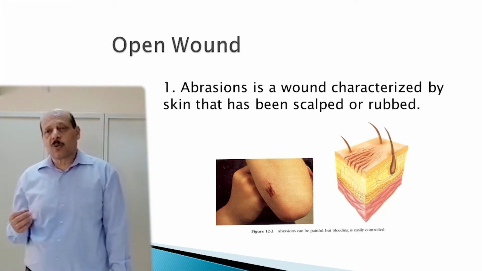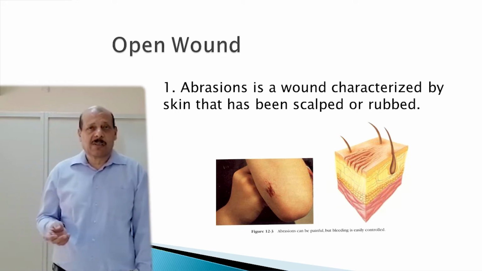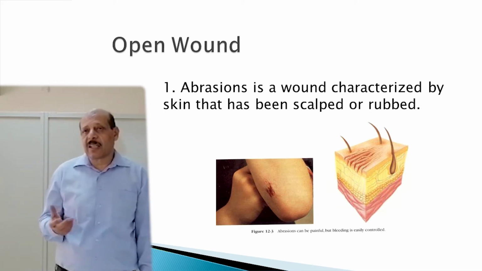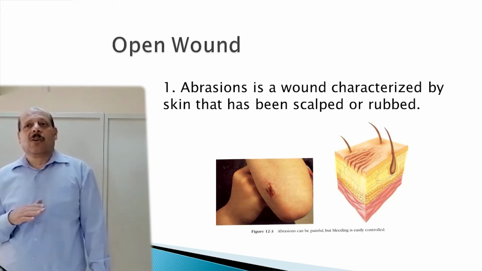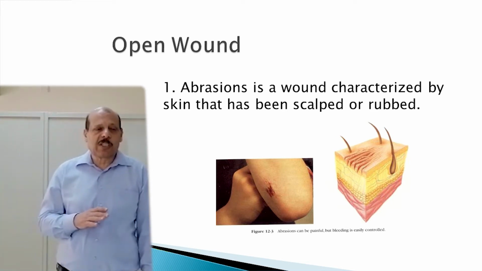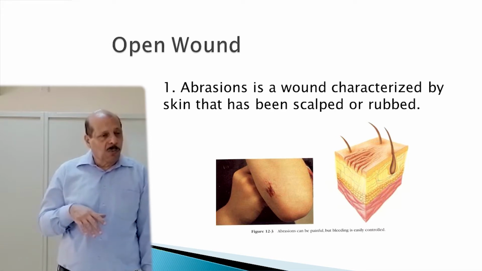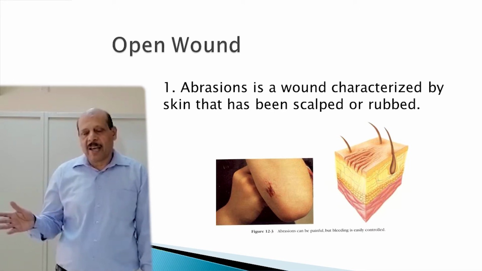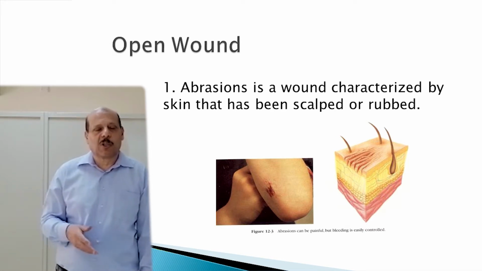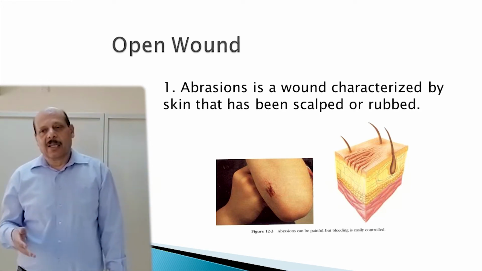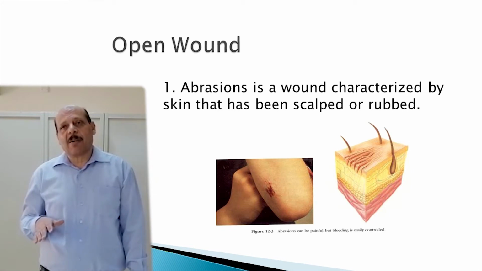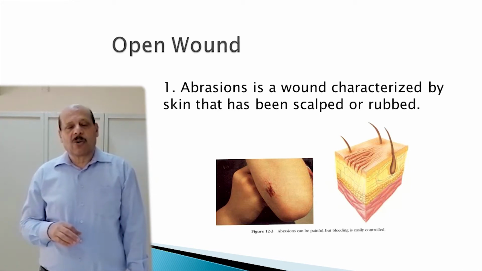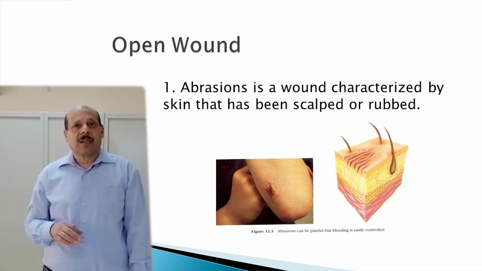The simplest one is the abrasion, a wound in which the skin has been scratched or rubbed, which mostly happens while falling, such as during playing with children or with football players, when the skin is rubbed or pushed against a hard or rough surface.